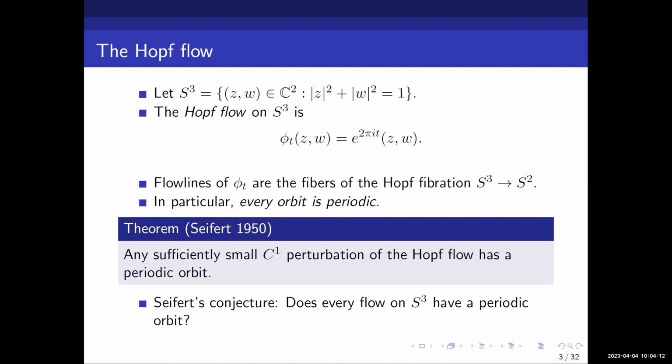This gave a lot of subsequent work, but the question is a little bit vague. The subtext was that you could ask this question for various regularity, like smooth flows, C1, continuous even, right?